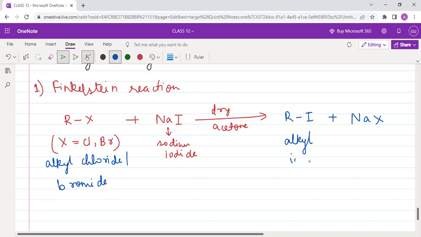You can see that the halogen is getting exchanged, so it comes under the category of halogen exchange reaction.